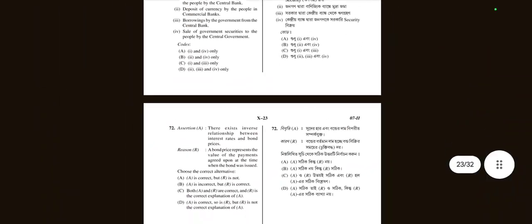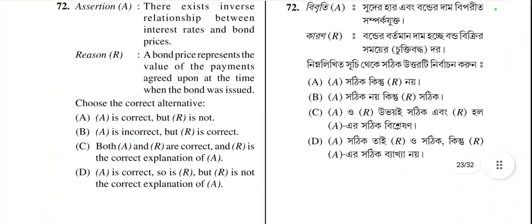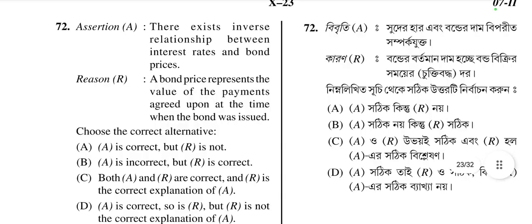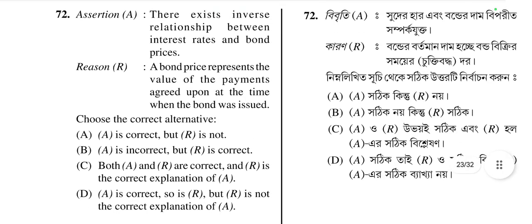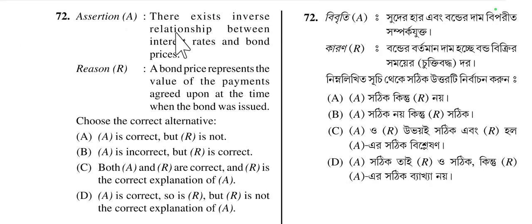Then come to question number 72, an assertion and reason based question. Assertion: there exists an inverse relationship between interest rate and bond prices. Yes, this is correct, because there is an inverse relationship between interest rate and bond price.